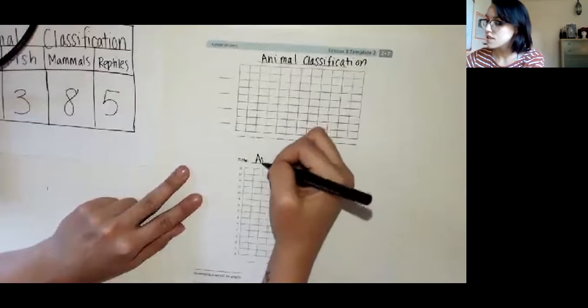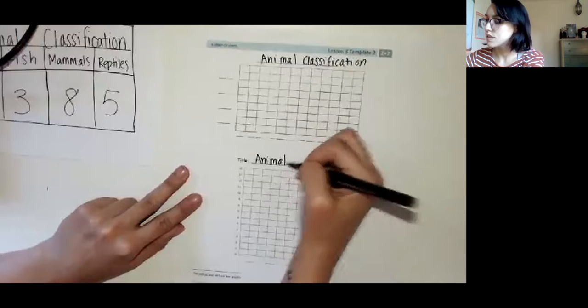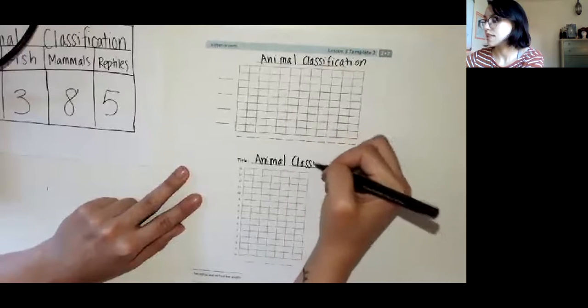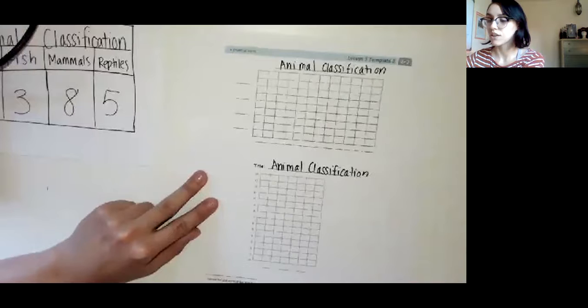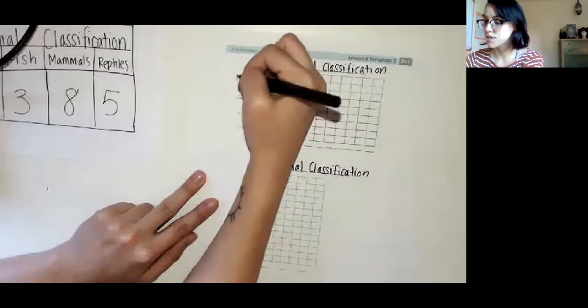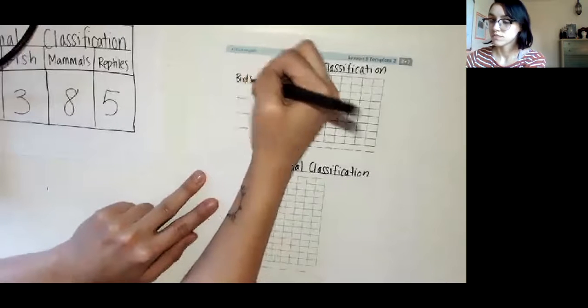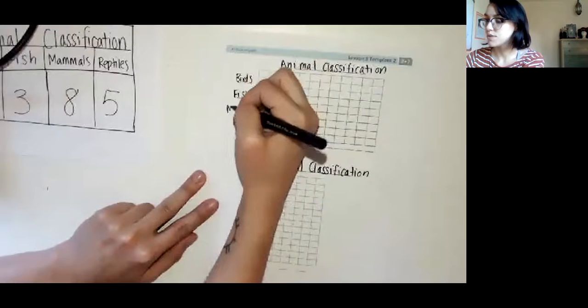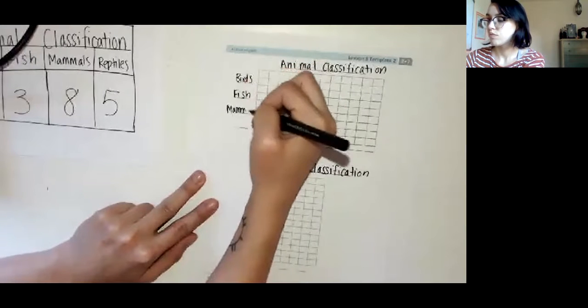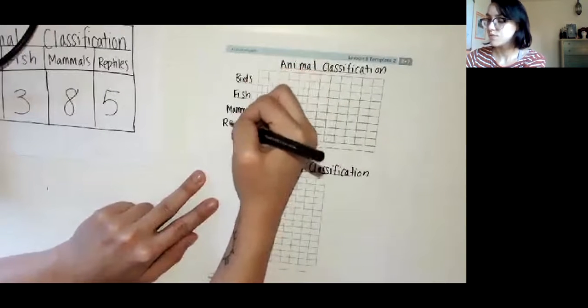This title is also going to be animal classification. That's what we're talking about. And what were our 4 different categories? We had birds, fish, mammals, and reptiles.